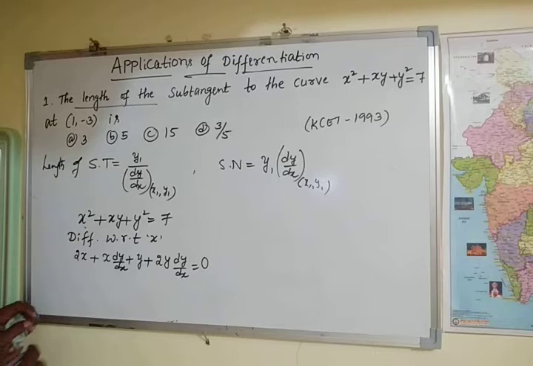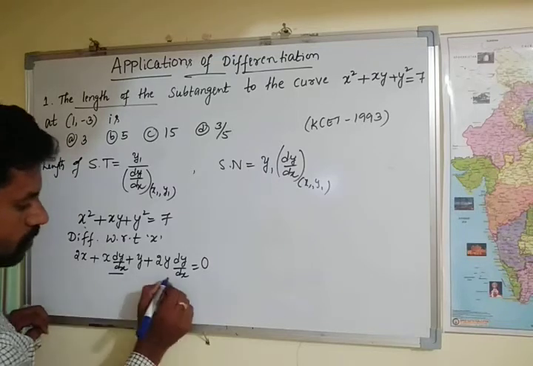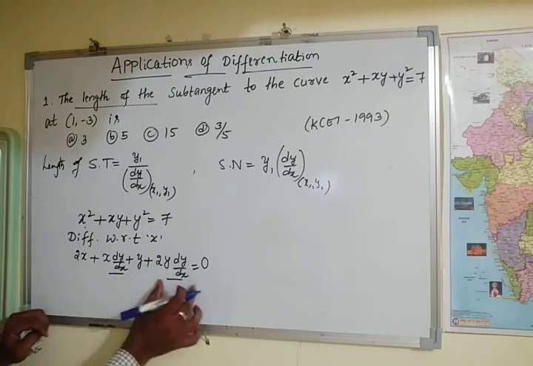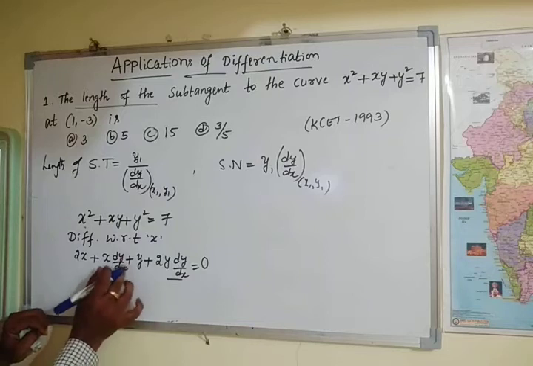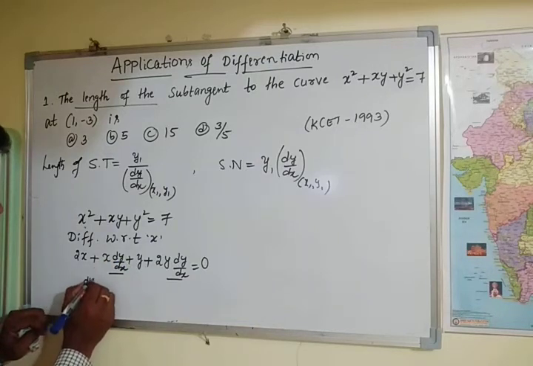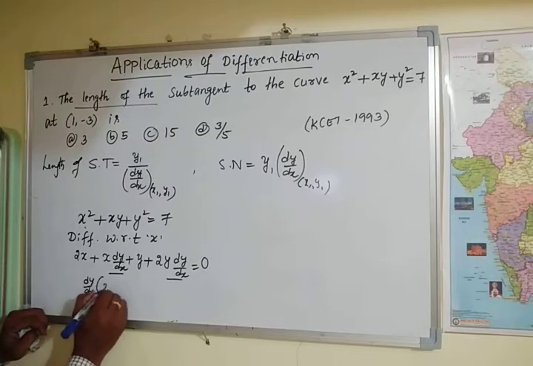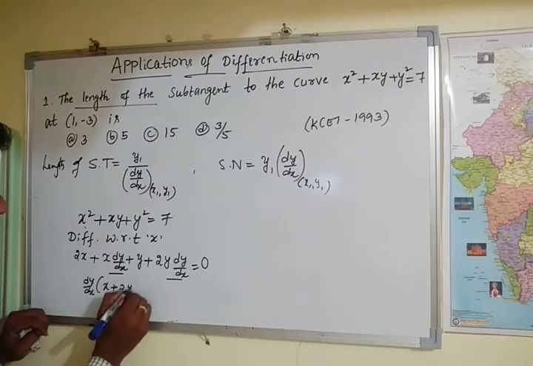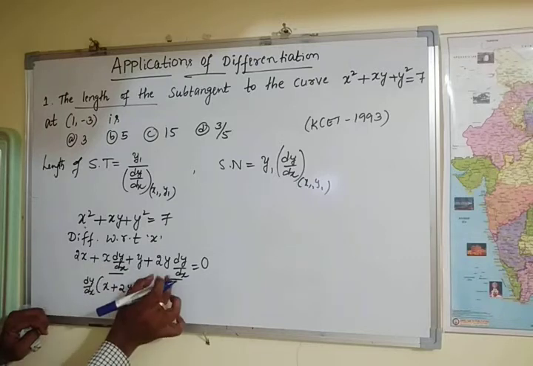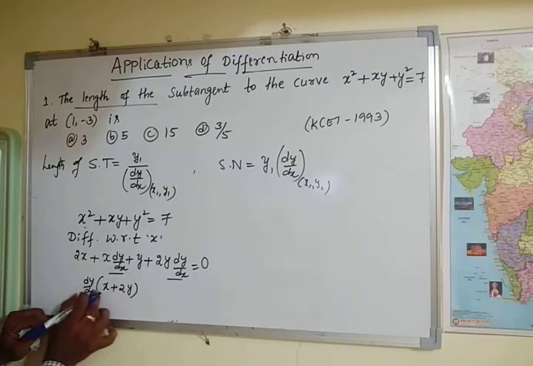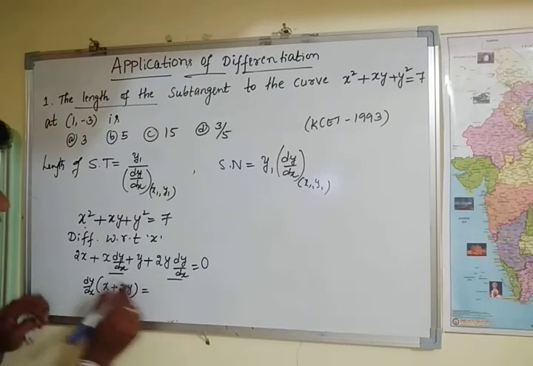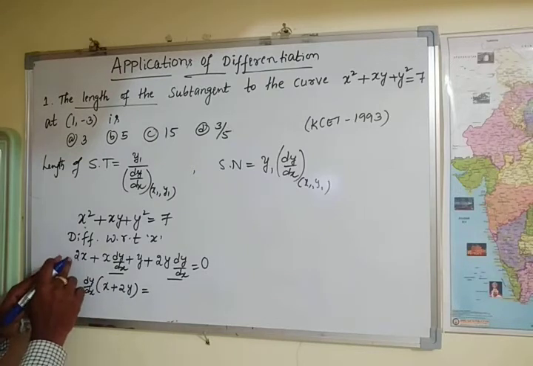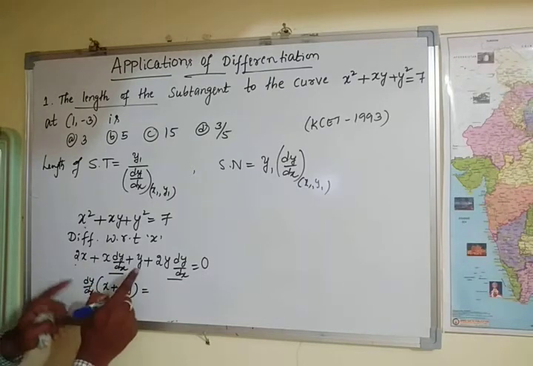Next, here we have dy by dx, here also we have dy by dx, 2y into dy by dx, here x into dy by dx. Here we can take the common term dy by dx: dy by dx of (x plus 2y). Taking the remaining terms 2x and y, these two terms go to the right hand side.